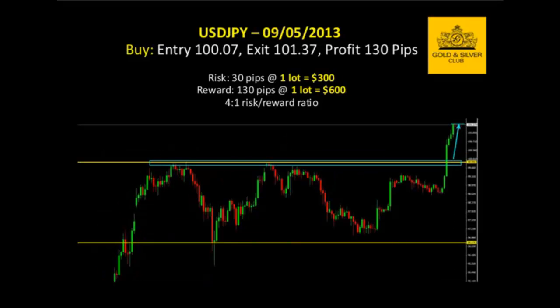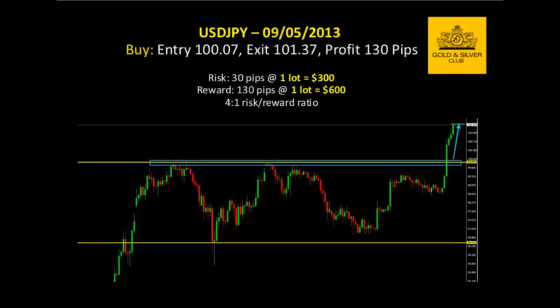And here is USD Japanese yen. This is a position we were automatically triggered into just yesterday. We've been looking at this potential setup for quite some time, so we had entry orders just above 100. We got triggered into that. We're still in this trade currently. Just giving you an update of the current price this morning: 101.37.